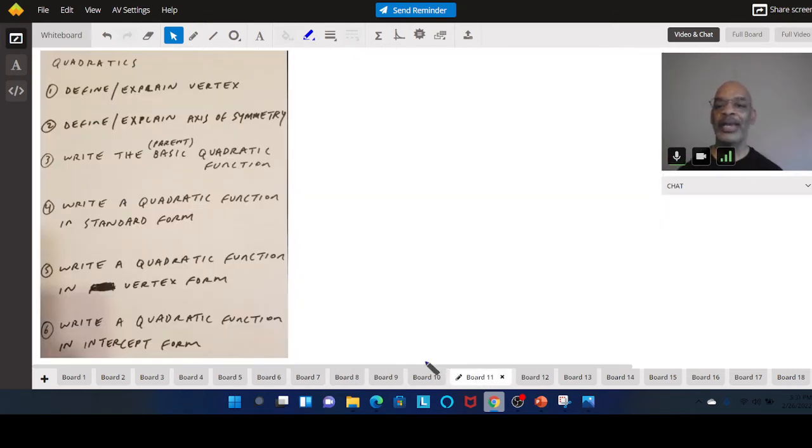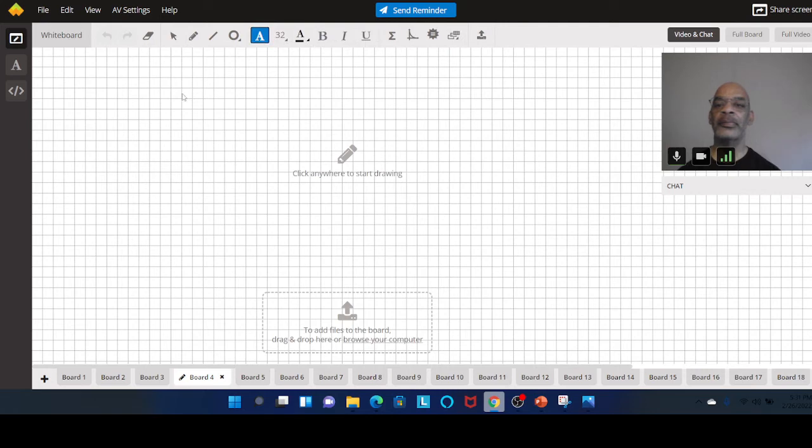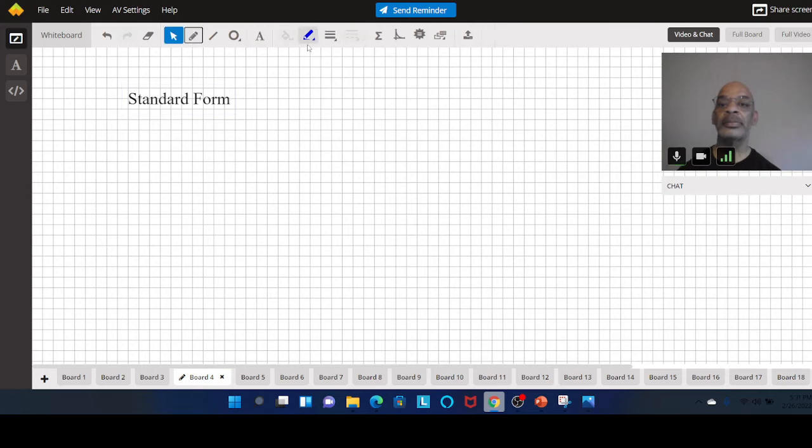Number 4, write a quadratic function in standard form. I can write a quadratic function in standard form. f of x equals, I'll go with 2x squared minus 3x minus 7.